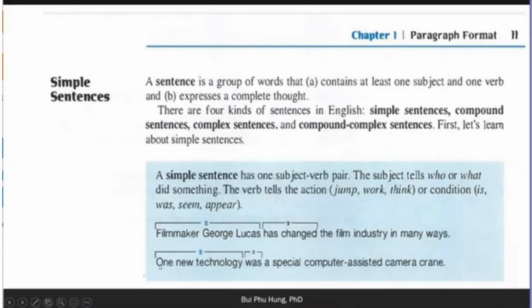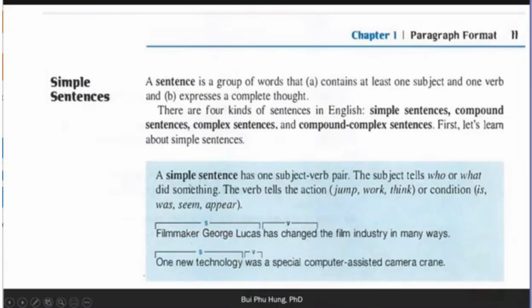In the second example, one new technology was a special computer-assisted camera screen. The subject is one new technology, and the verb is was.